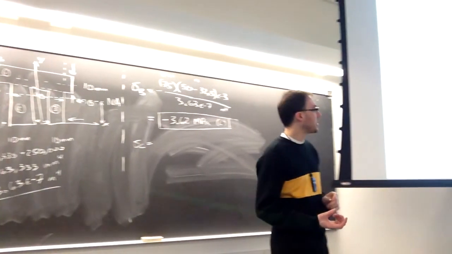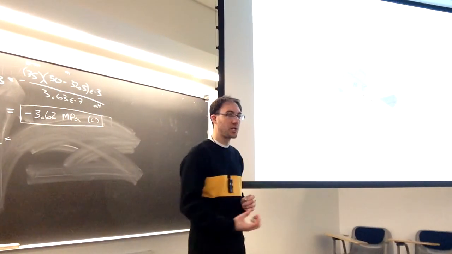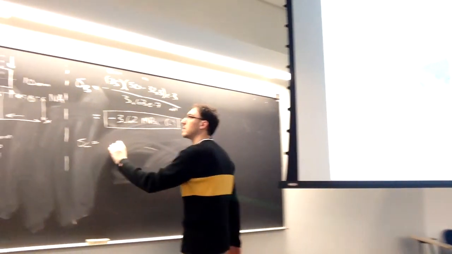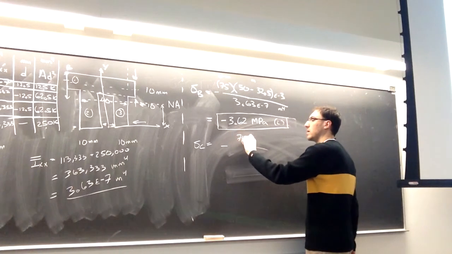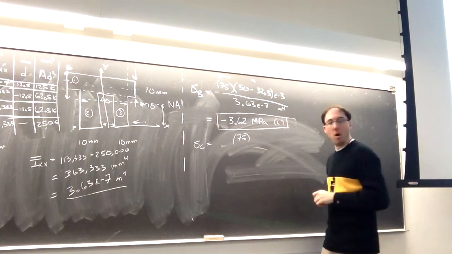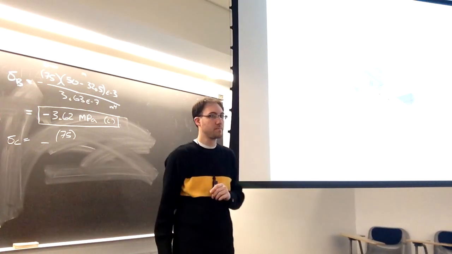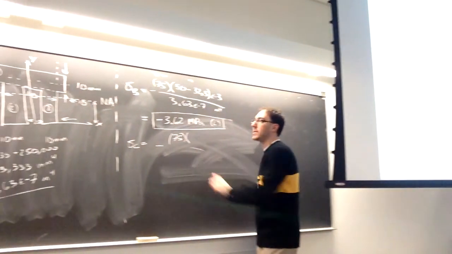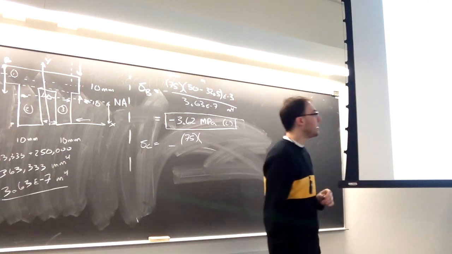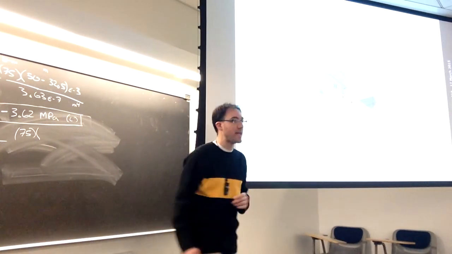Second, we can find the stress at point C, which is closer to the neutral axis. The moment is still 75 Newton meters at this vertical slice, but point C is only located 40 millimeters above the x-axis.